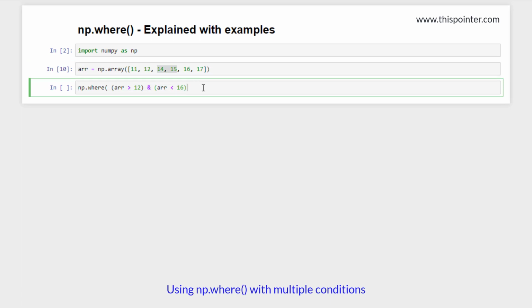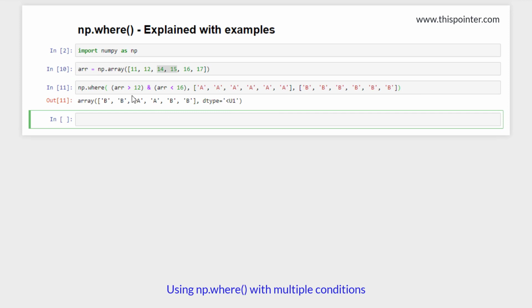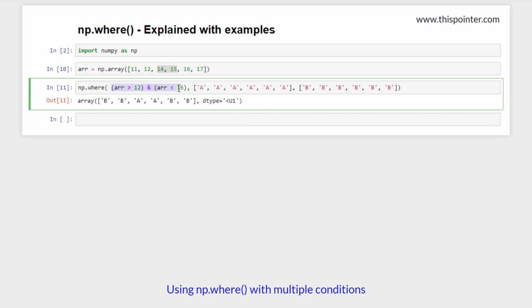Now as a first list, we will pass a list containing A's. Now as the second argument, we will pass another list containing all B's. Now if we execute this line, as we can see, we passed multiple conditions here.